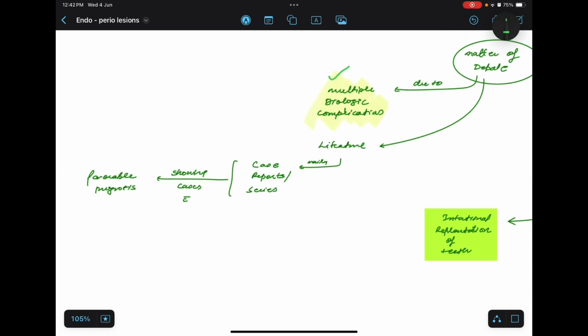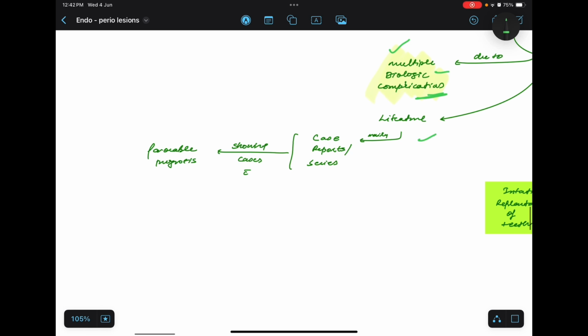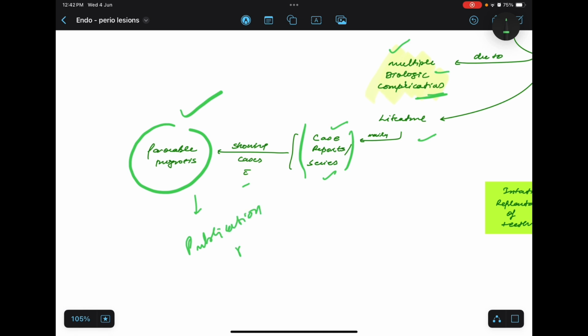Why? Because there are multiple biologic complications involved, and also when you go for evidence regarding it, the literature mainly has case reports and series which show cases with favorable prognosis. Now, this is also something called publication bias, as in, you tend to publish the findings which are positive.